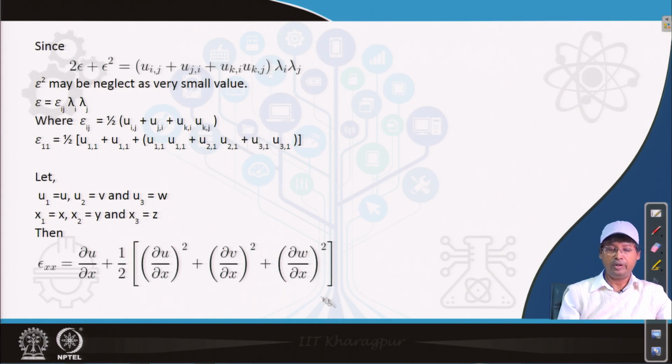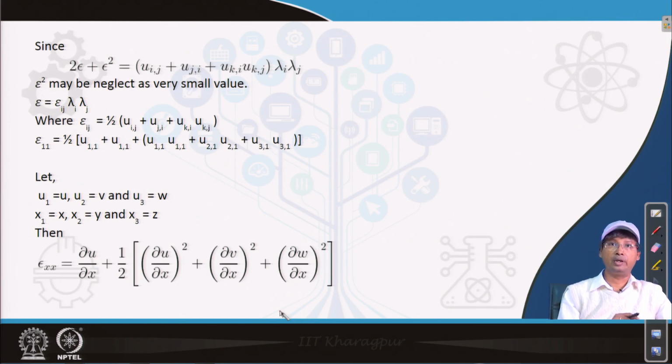Epsilon x x is defined this way. Now, here it is better to introduce that probably you were introduced to the term epsilon x x equals del u del x. Where does this term come from? This is what we get because of the consideration of that particular generic case of strain derivation.